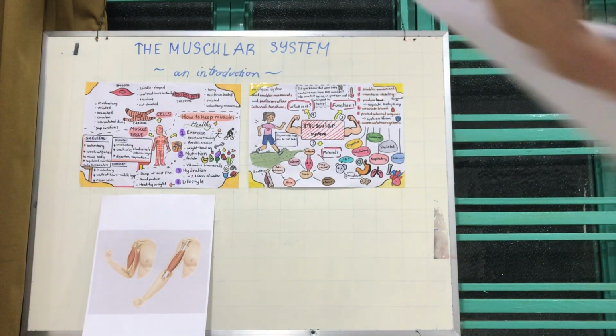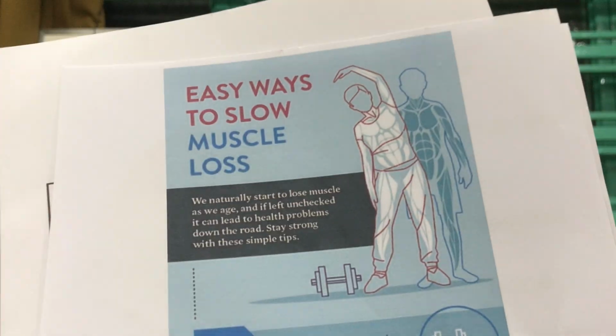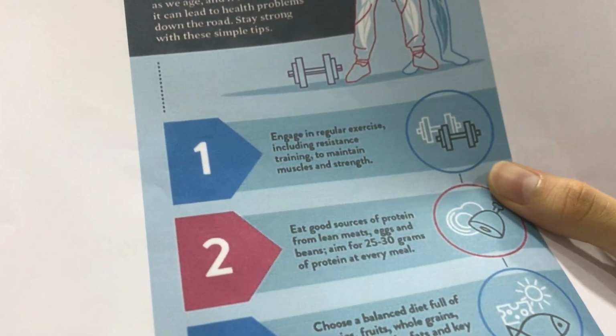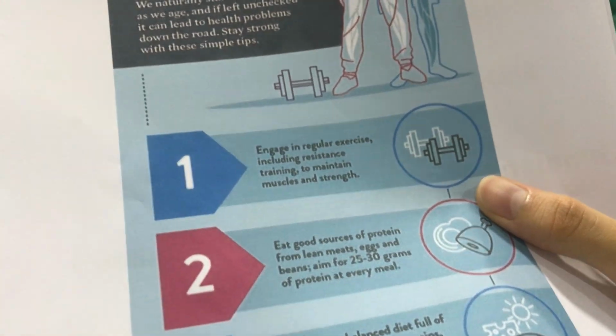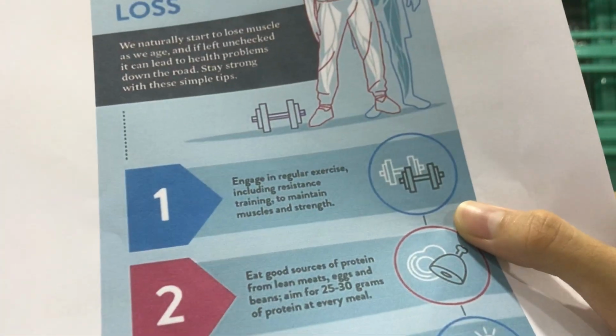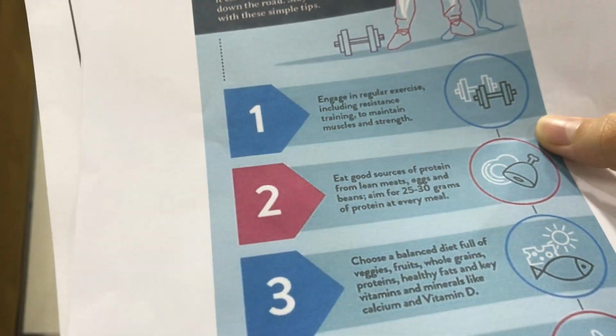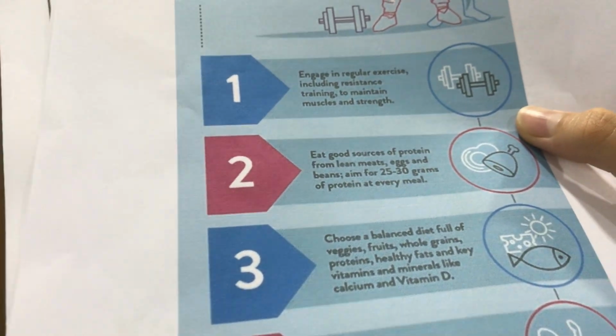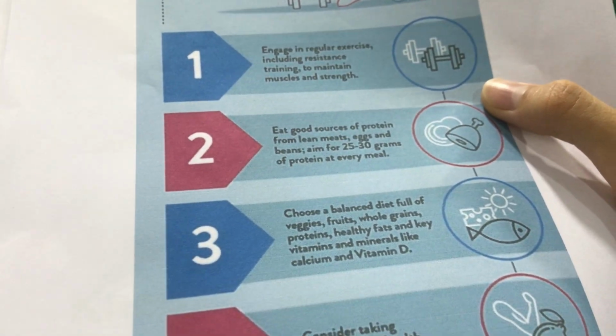And these are some easy ways to slow muscle loss. Engage in regular exercise, including resistance training, to maintain muscles and strength. Eat good sources of protein from lean meats, eggs, and beans. Aim for 25 to 30 grams of protein every meal.